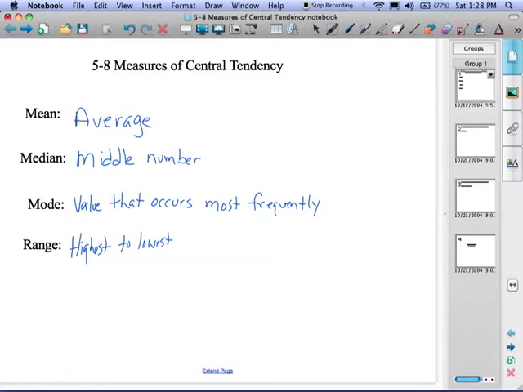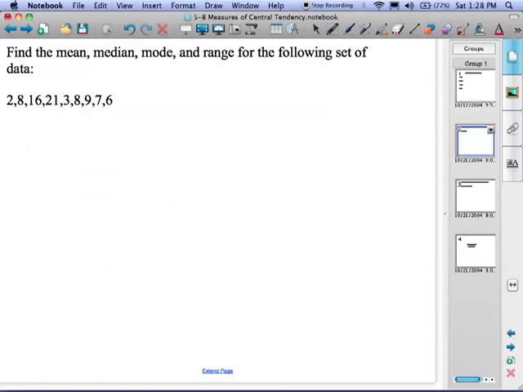All right, so we have these 4 things, mean, median, mode, and range, that you have to find for given sets of information. Find the mean, median, mode, and range for the following set of data. You'll notice that you have 2, 8, 16, 21, 3, 8, 9, 7, and 6. Most information will be presented to you just like that, in no particular order.